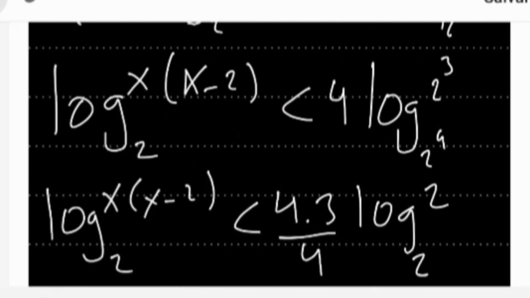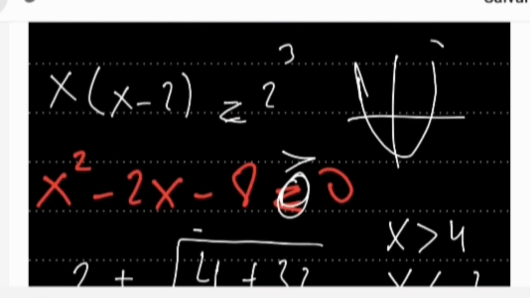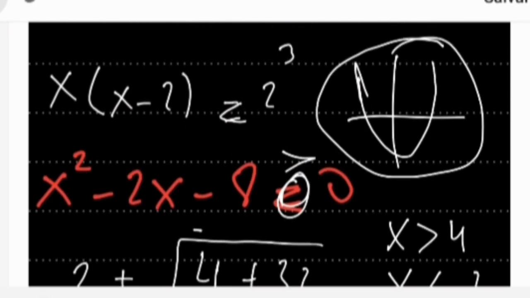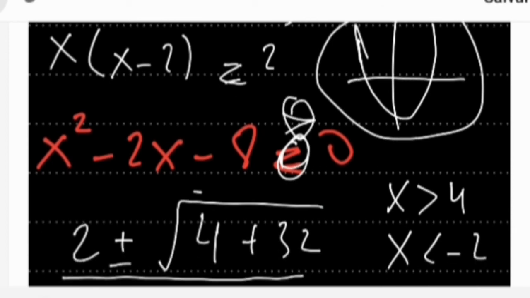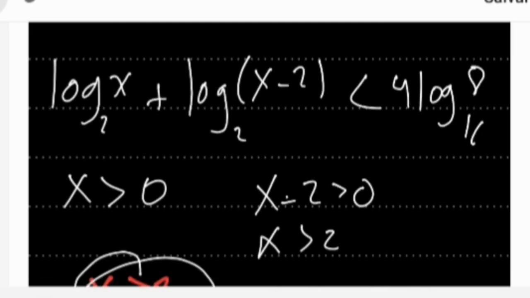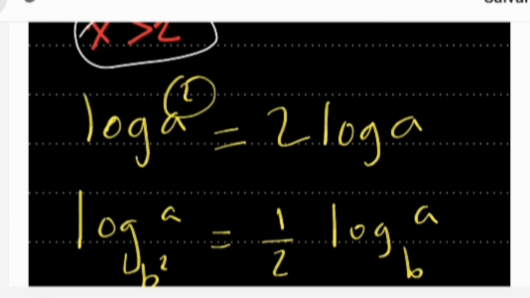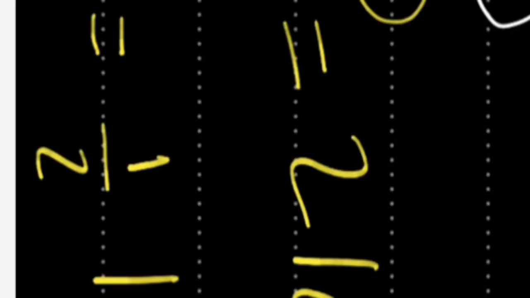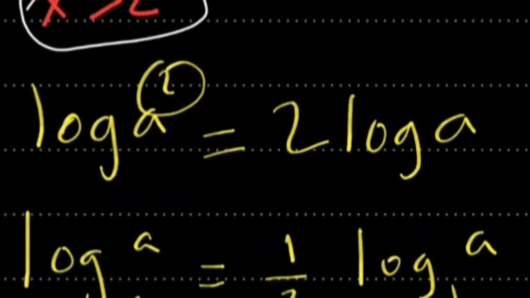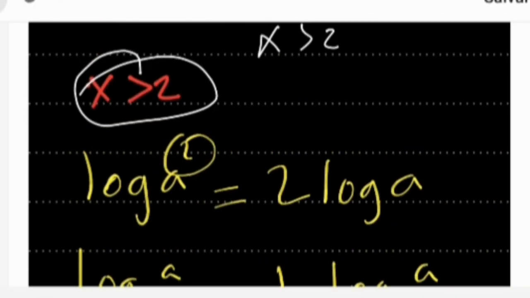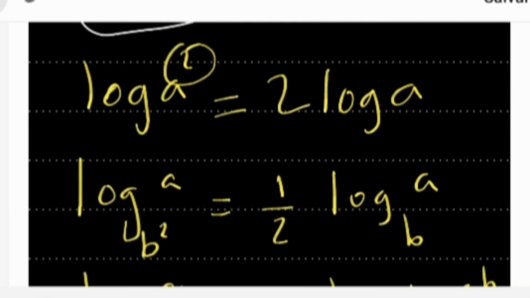So if you have a problem in this side of the question, review the quadratic formula, and if you have a problem in this part here, review inequalities with logarithms, and if you have a problem with this yellow part, review properties of logarithms.